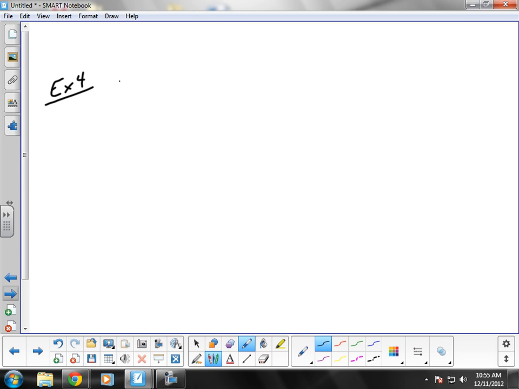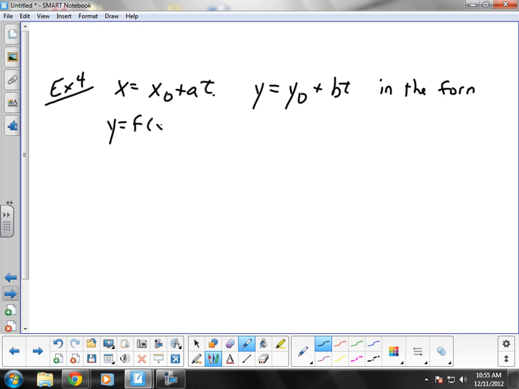Okay, it says express the curve described by the equations x equals x sub 0 plus a times t, and y is equal to y sub 0 plus b times t, in the form y is equal to f of x.